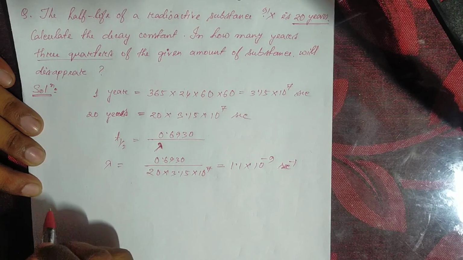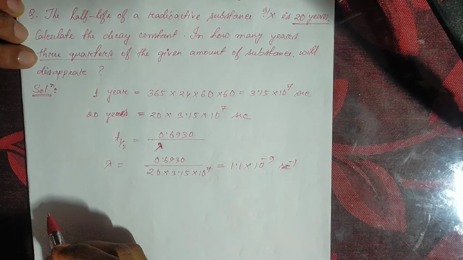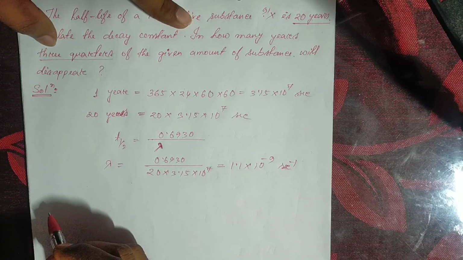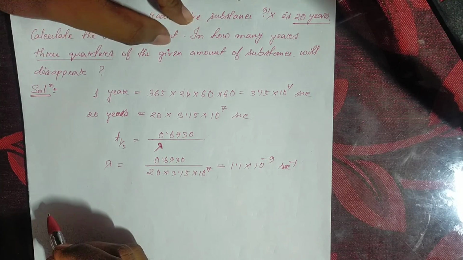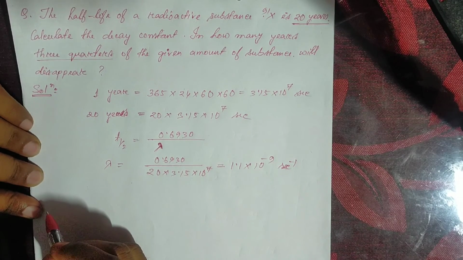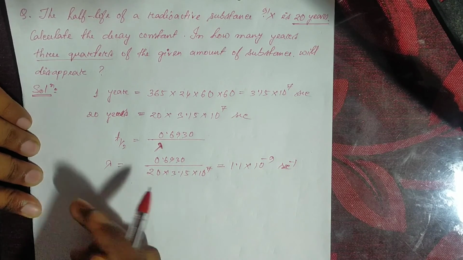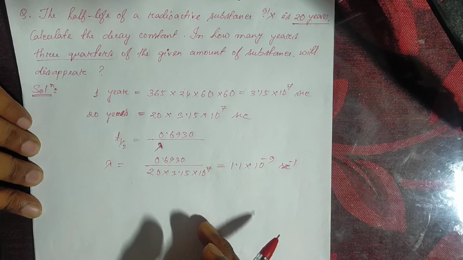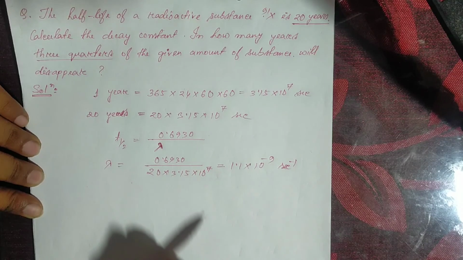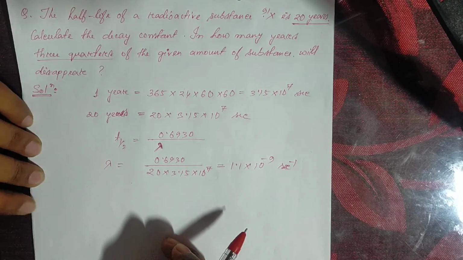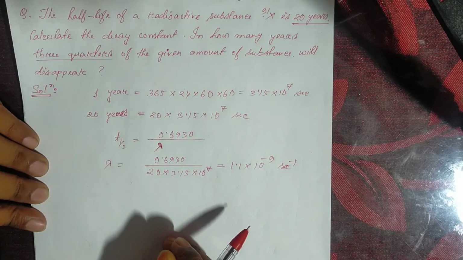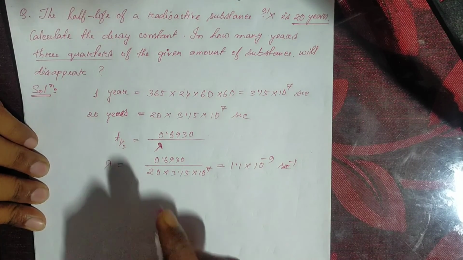Now for the second part of this question, in how many years 3/4 of the given amount of substance will disappear. First of all, this is a first order decay. It is given that the half-life is 20 years.